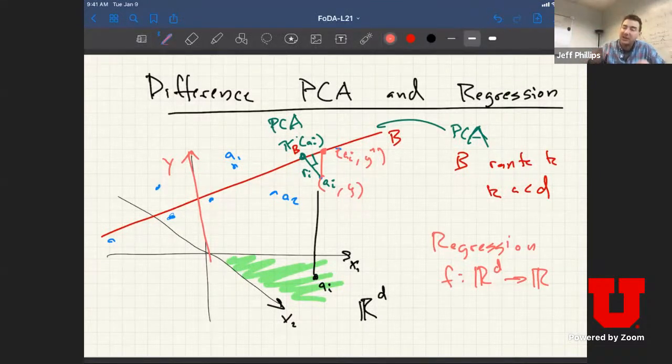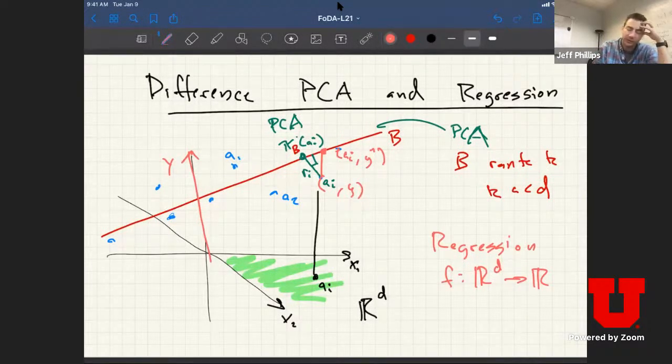So my model is never a line up there, unless my x dimension is only one dimension as well.